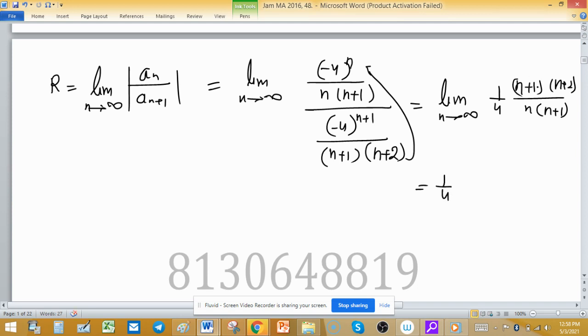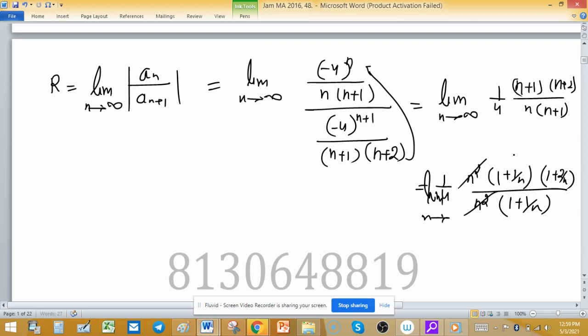You can take n squared common from numerator and denominator: n squared times (1 plus 1 upon n) and (1 plus 2 upon n), and from the denominator n squared times (1 plus 1 upon n) squared. This will cancel out, and after taking the limit as n tends to infinity, all brackets go to 1. So this is 1 upon 4. So the radius of convergence r is 1 upon 4 for this power series.